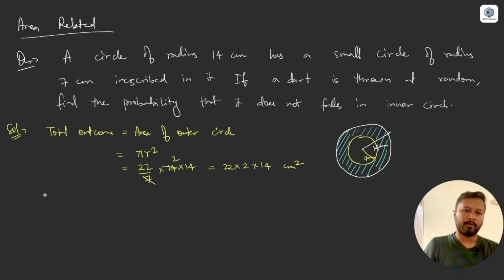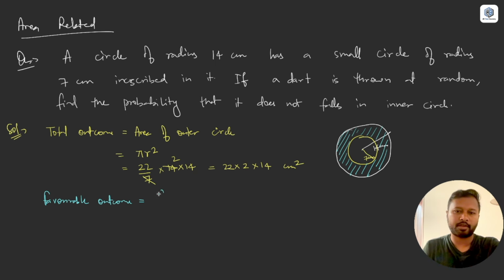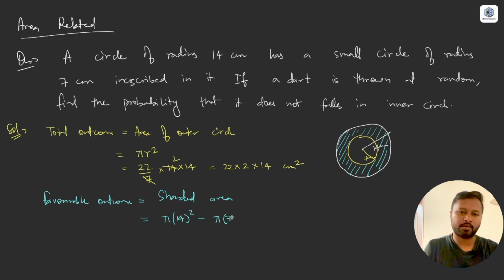Then your favorable outcome is basically the shaded area. Okay, this is the shaded area. The shaded area is basically pi 14 square minus pi 7 square, meaning you are just subtracting the area of the smaller circle from the area of the bigger circle.